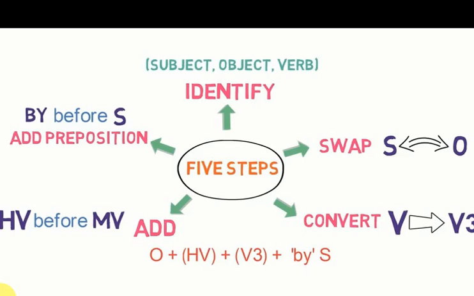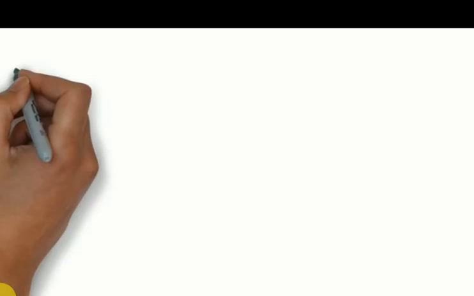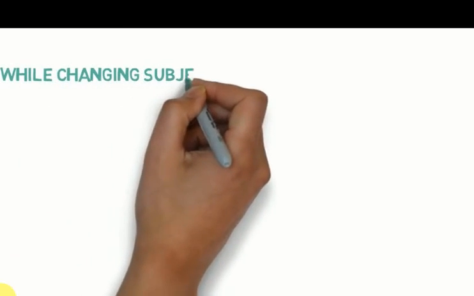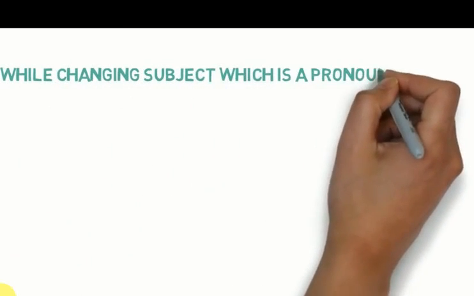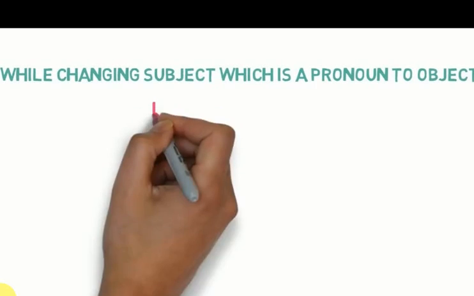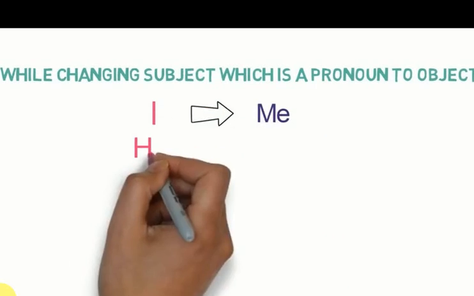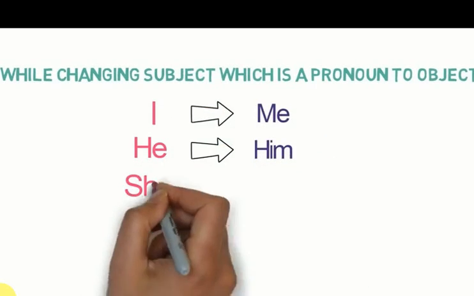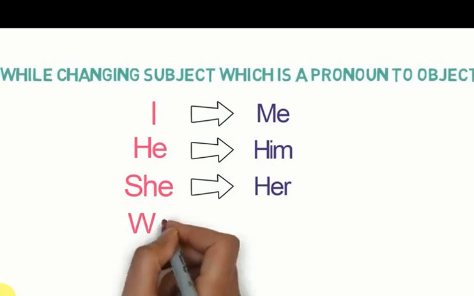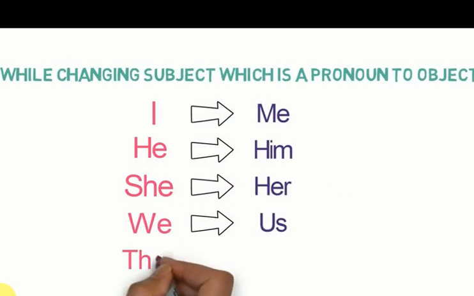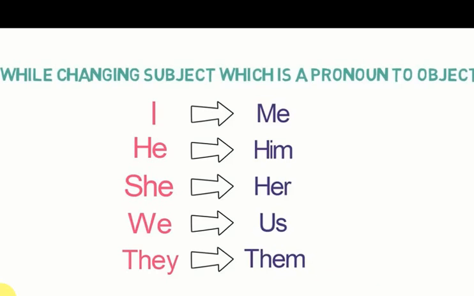Okay, so there are 2 important things that we need to remember here. Firstly, when replacing the subject with the object, if the subject is a pronoun, then the conversion will be like this. I becomes me, he becomes him, she becomes her, we becomes us, they becomes them. Remember this properly.